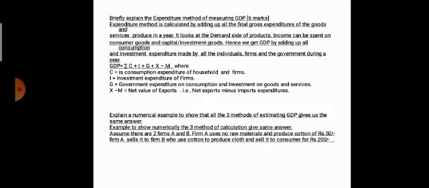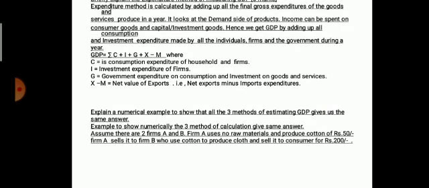Net exports, that is exports minus the imports. So that is basically all the expenditures of the people of the country together, called the expenditure method.